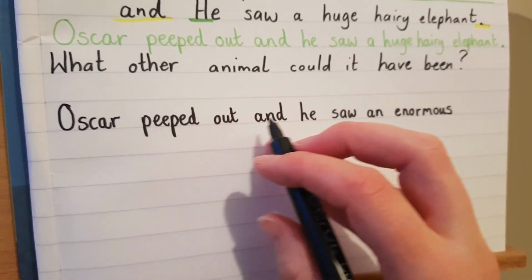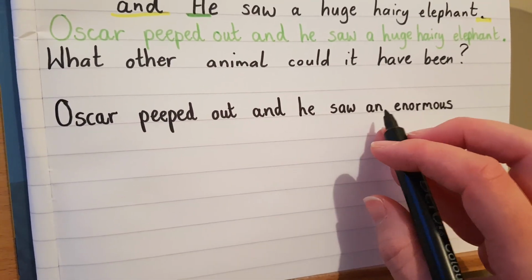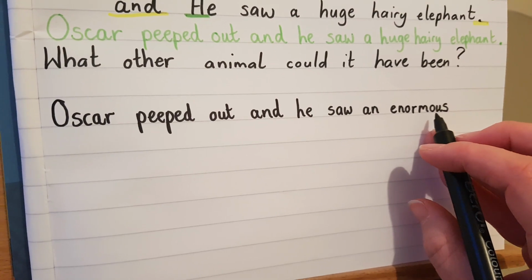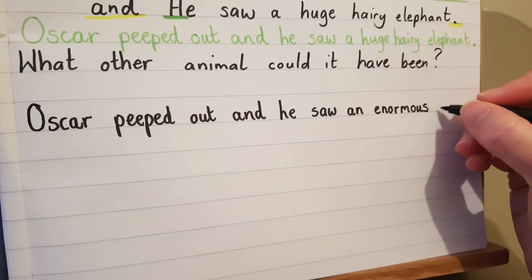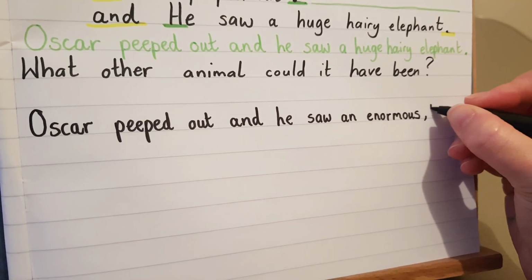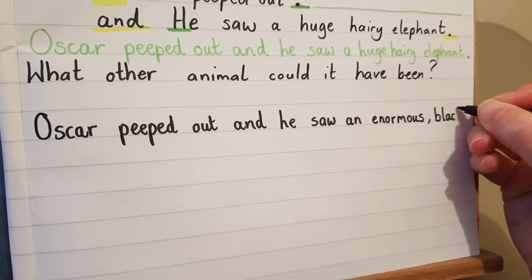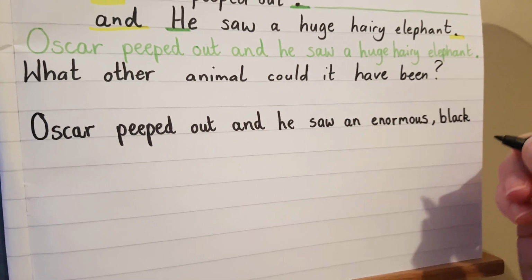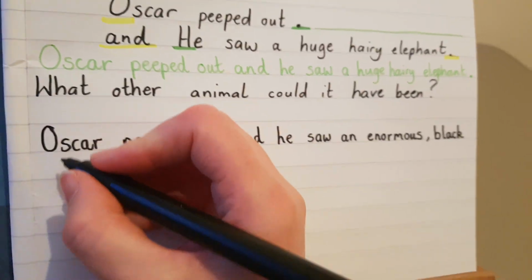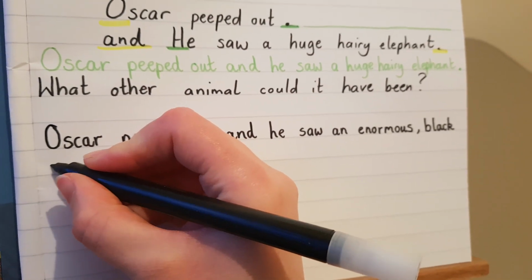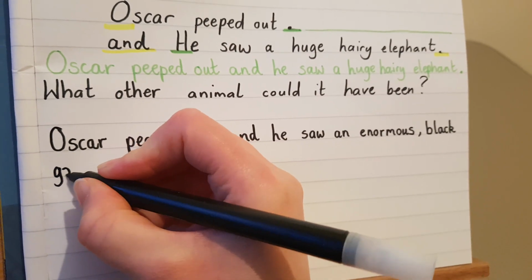Oscar peeped out and he saw an enormous black, I'm going to put a comma there, black, going on to the next line, gorilla.